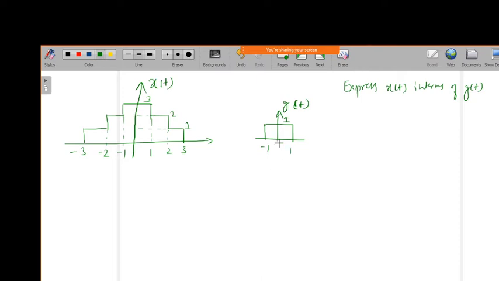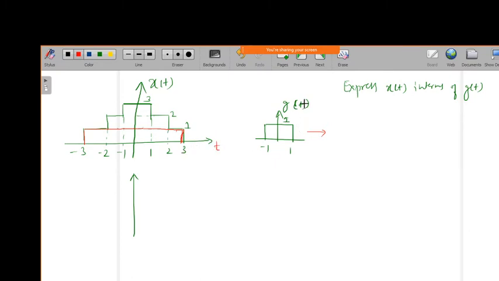So you can see, in order to expand this signal till the value of 3, what operations can be done? I want to get this base one first. What do I need to do? I need to expand this g of t, right? So how do we expand g of t for a particular value of the index?